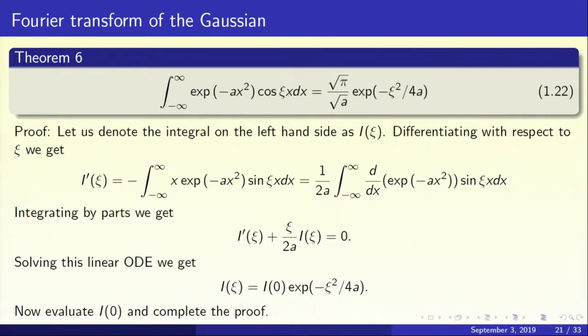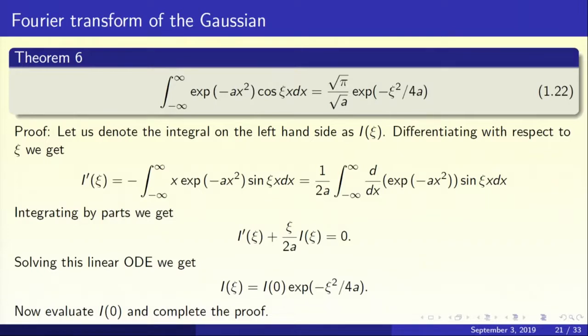So you get I prime of chi, differentiate under the integral sign, minus integral from minus infinity to infinity, differentiate cosine chi x, you are going to get minus x sine chi x. That's what you see in the middle of the slide.